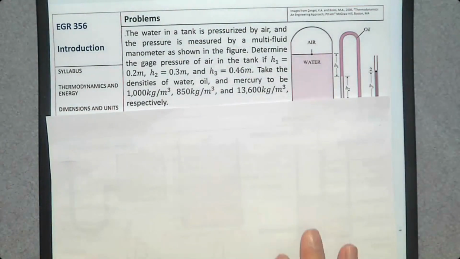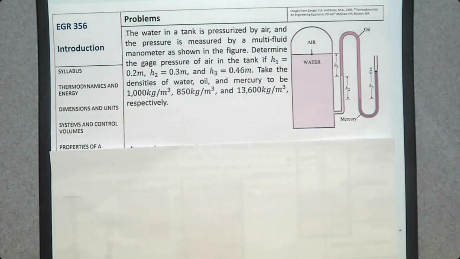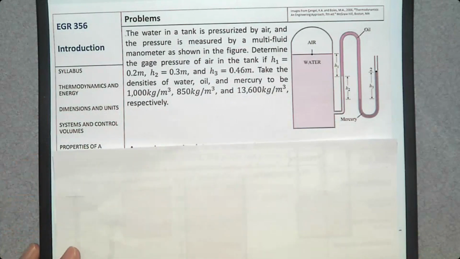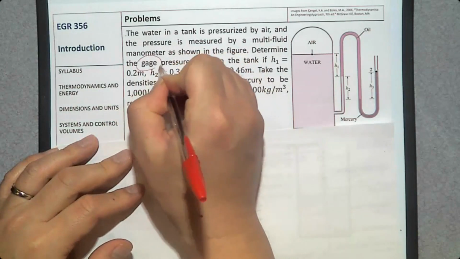Water in a tank is pressurized by air, and the pressure is measured by a multi-fluid manometer. Don't make a multi-fluid manometer; a single fluid is fine, right? As shown in the figure, determine the gauge pressure. Always check whether you need to determine gauge pressure or absolute pressure. This one is gauge pressure.